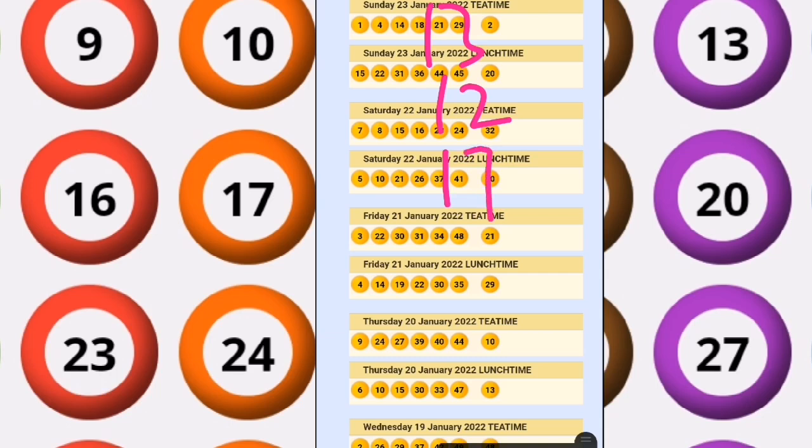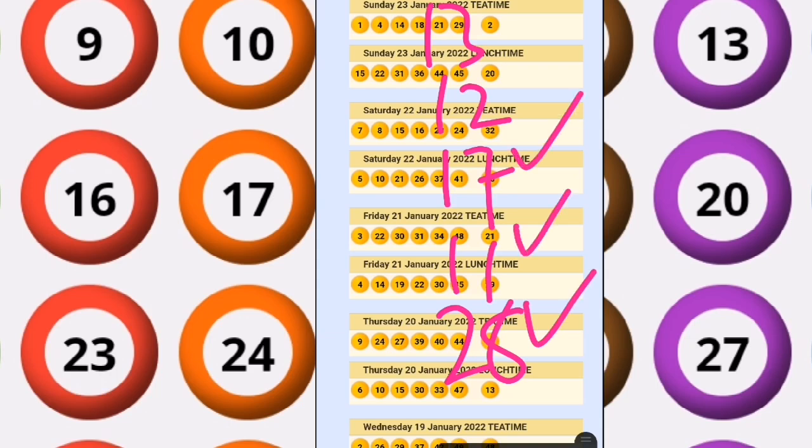These numbers are overdue to drop, based on 30 there. So these numbers are highly recommended. One or two of these numbers will drop on lunch or tea time. So you should take note of that.